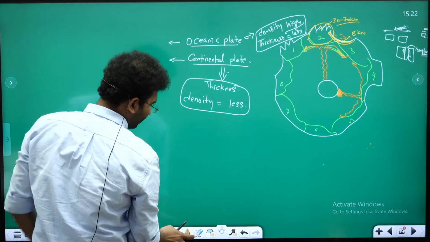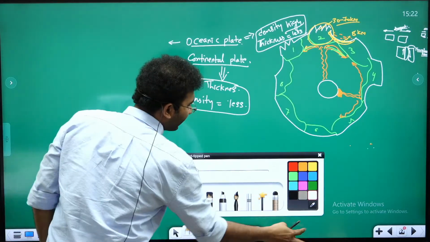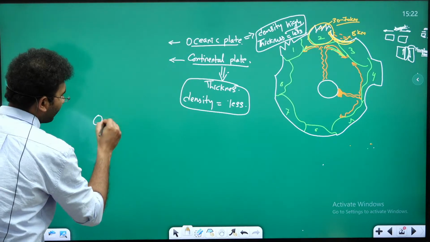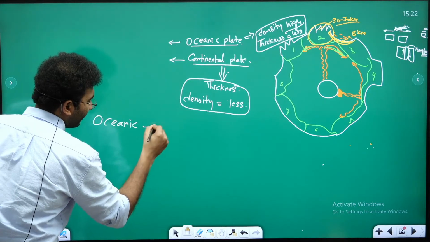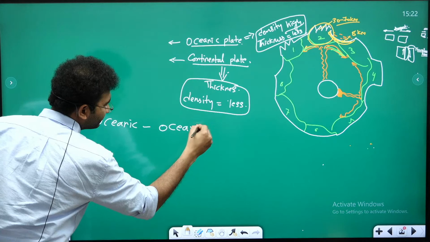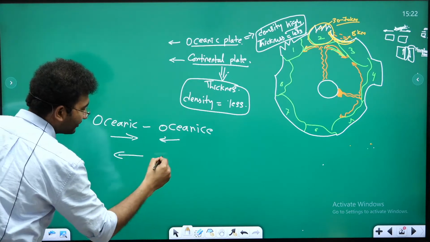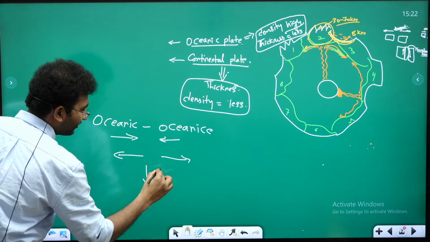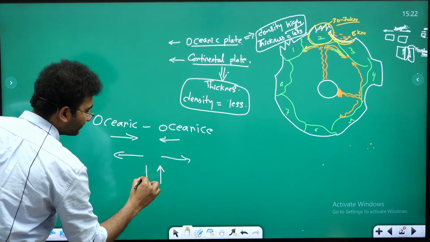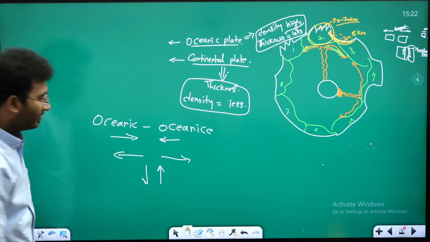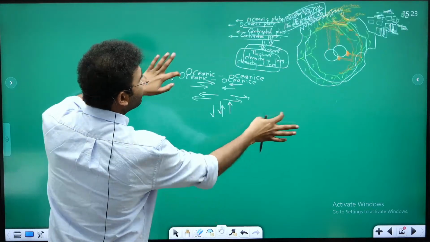These two plates can interact as, firstly, an oceanic plate and an oceanic plate. They can converge, they can diverge, or they can move in a transform direction. The interactions are of different ways.